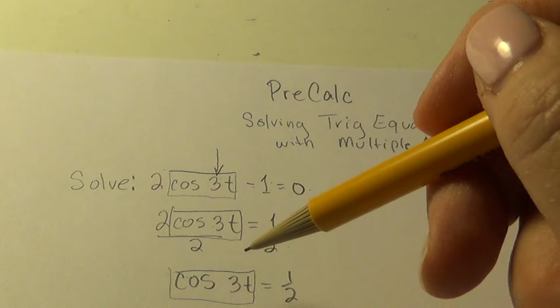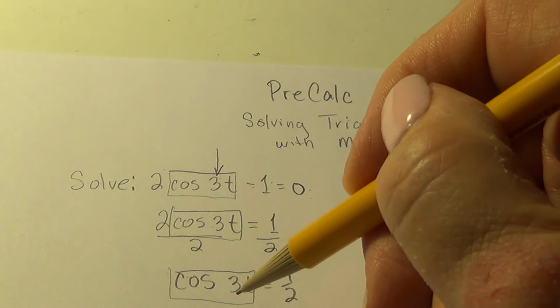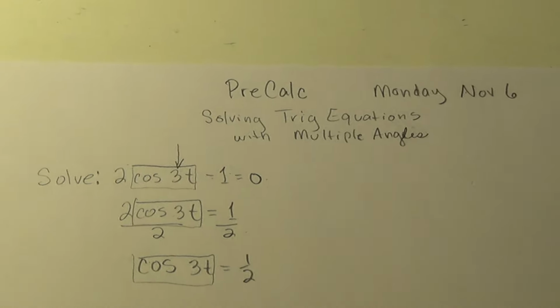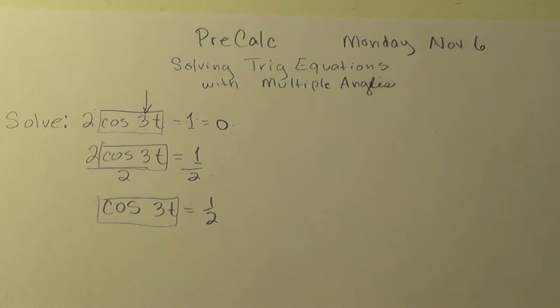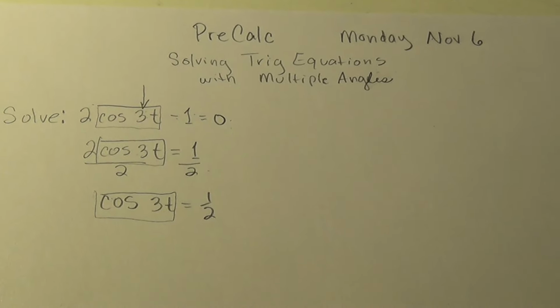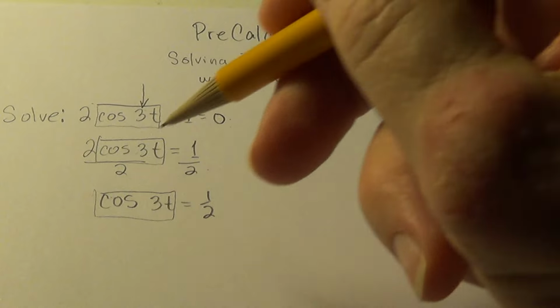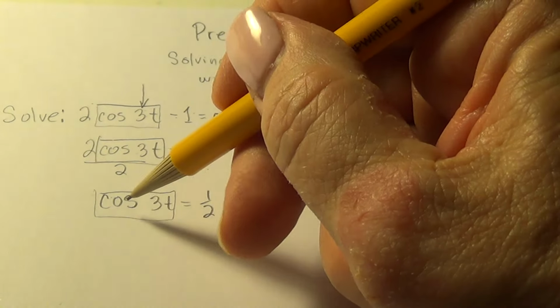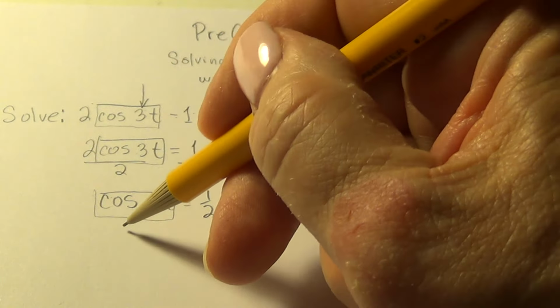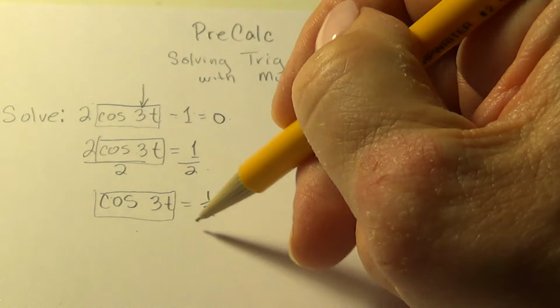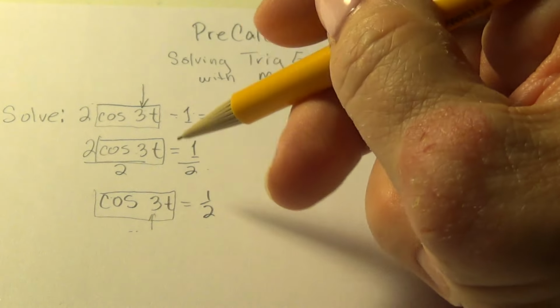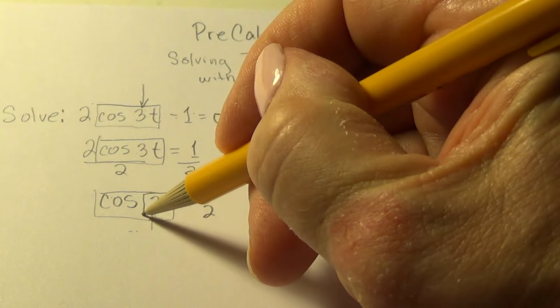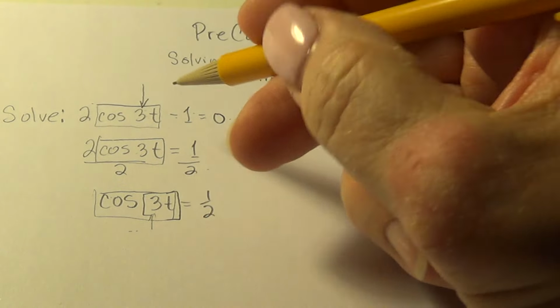This is the spot where students often forget what I've taught them. Students will forget and divide by 3 on both sides because of this 3. But this is inside the argument, we call it.